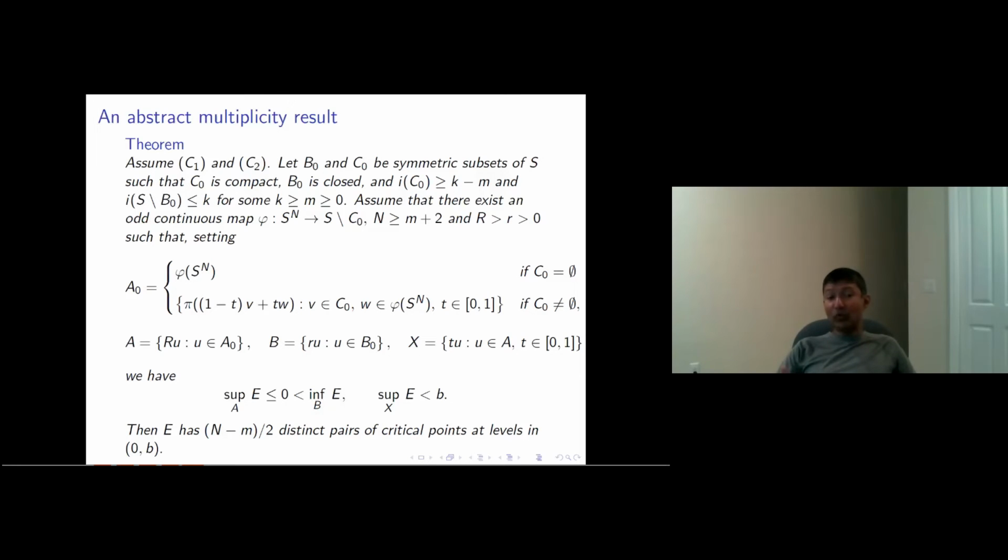We only get n minus m over 2 distinct pairs of critical points. So that's the price we pay for weakening the compactness assumptions. So if you replace the PS condition with C1 and C2, you get about half of the critical points that you get in the classical results.